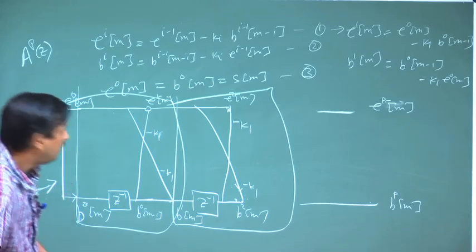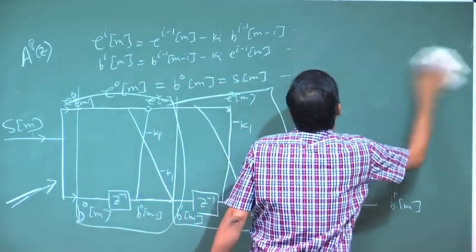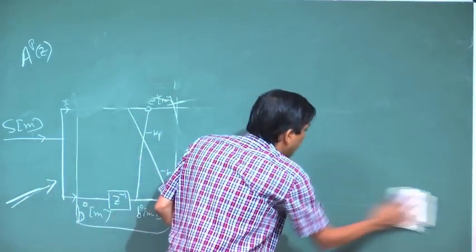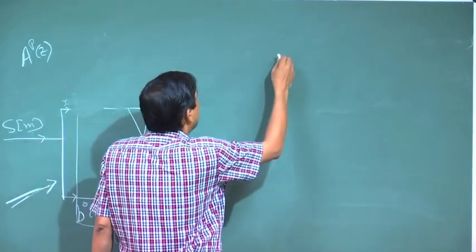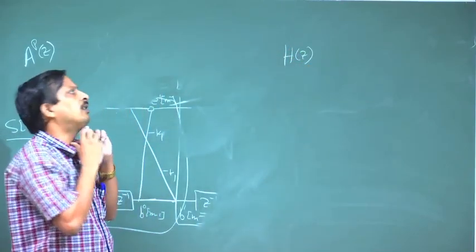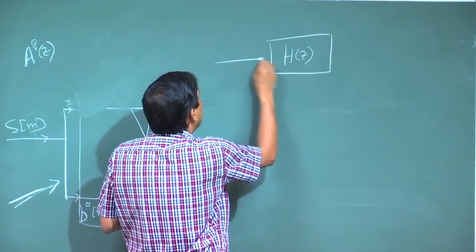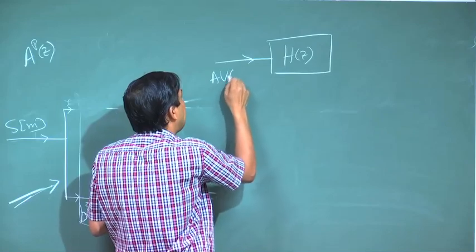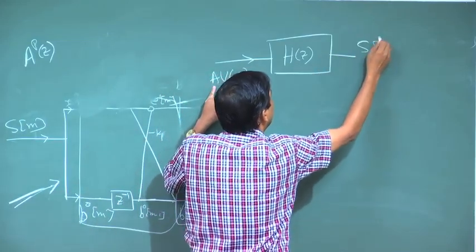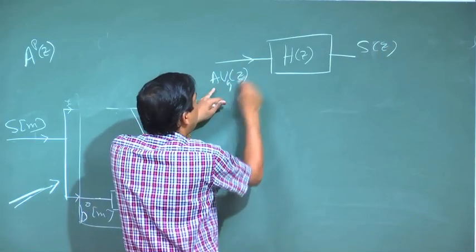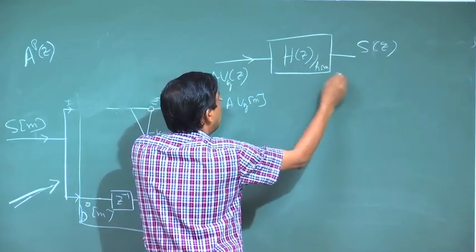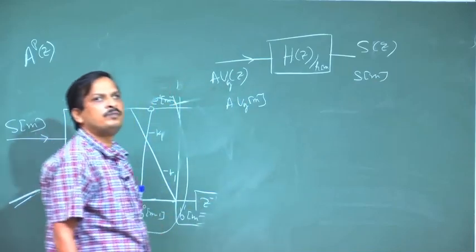Why? If you remember, in my first class I said that if the whole speech production system is linearly modeled as an LTI system, with H(z) as the vocal tract transfer function, and we apply the glottal impulse train with amplitude, U(z), then we get the speech signal S(z). In the time domain, u(n) convolved with h(n) gives s(n).